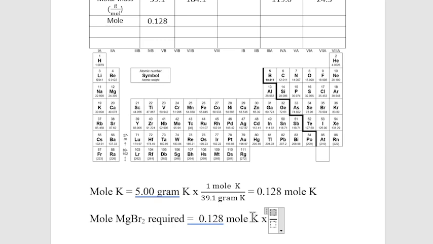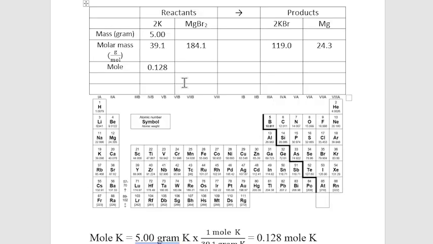That's what we're trying to find. So we'll have 1 mole of this, as shown in our chemical equation. It said that we have a 2-to-1 relationship. So that's why we want 1 mole of the magnesium bromide, and potassium is 2 moles of potassium.